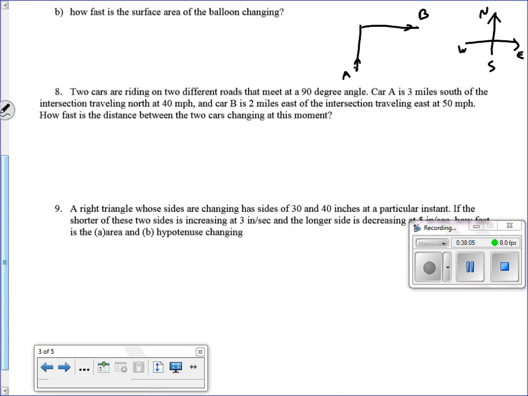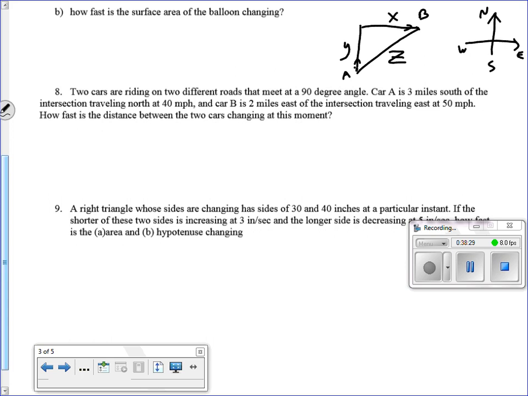Remember, anytime you're setting up your problem, if a length's changing, put a variable on it. So I'm going to call this length y and that length x. Now, I think I will fill in what they're asking us for. How fast is the distance between them changing? So that's changing also. So we've got to give that another variable. I think I will call that z.